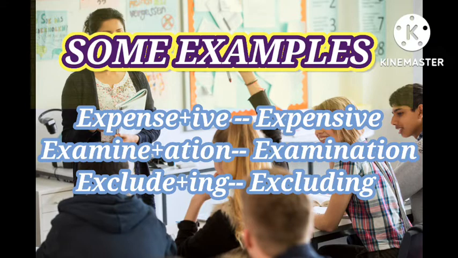And then we have another word like examine, adding ation to have examination. Then a word like exclude, we can add ing to have excluding. So the discussion goes on.